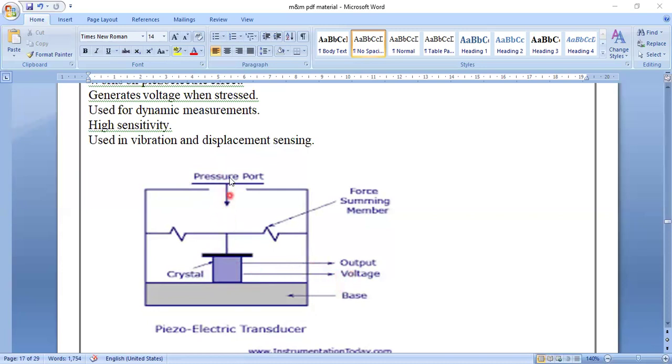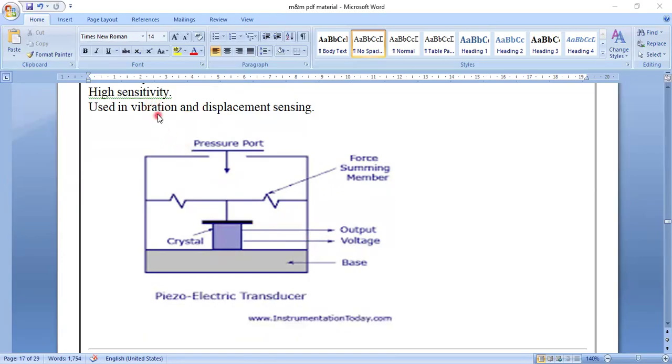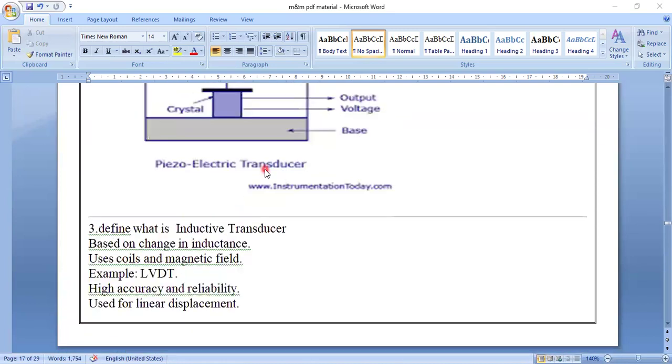So pressure is put from this area on the force summing members. These members move up and down, which is sensed by the crystal. The crystal converts it to voltage, so the stress is converted to voltage here. Because voltage is used in this piezoelectric method, it mainly measures vibrations and displacements. Any object moving, displacement, and vibrations also sometimes generated in the body are recorded.